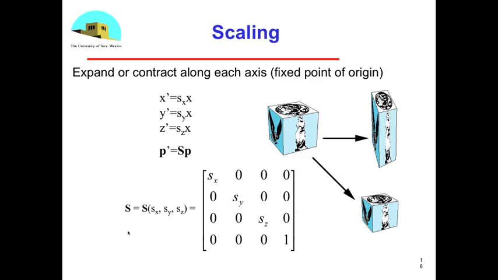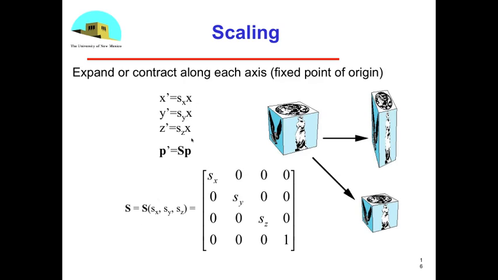So what about scaling? Well, scaling with a positive scaling constant makes things longer in that direction. If the constant is between 0 and 1, it makes it shorter in that direction. So we can talk about having separate x, y, and z scalings. Oh boy, there's another little mistake.